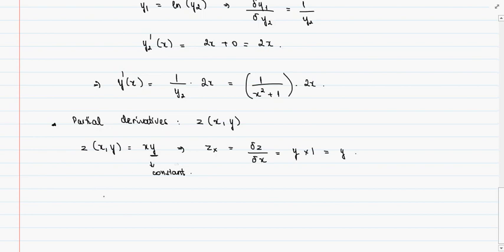That's just like differentiating a function z equal to 3x: you get 3. In this case, you get y because we are treating y as constant. Very similarly, if I differentiate this function z with respect to y, then I'm treating x as constant, and so therefore it's going to be equal to x.